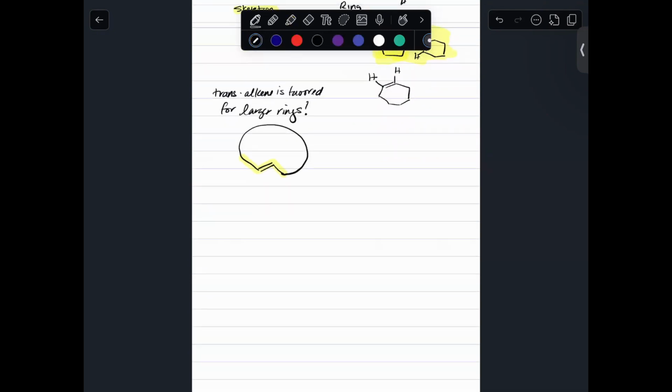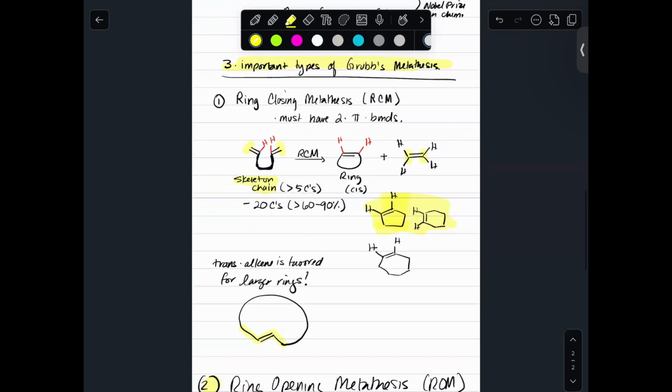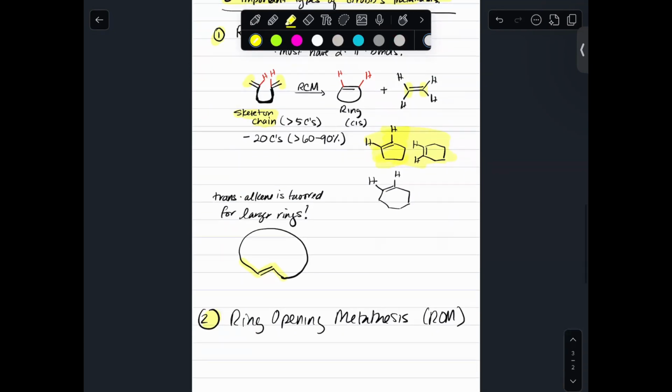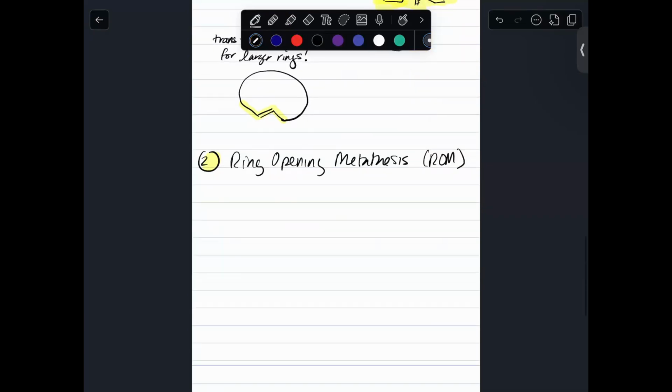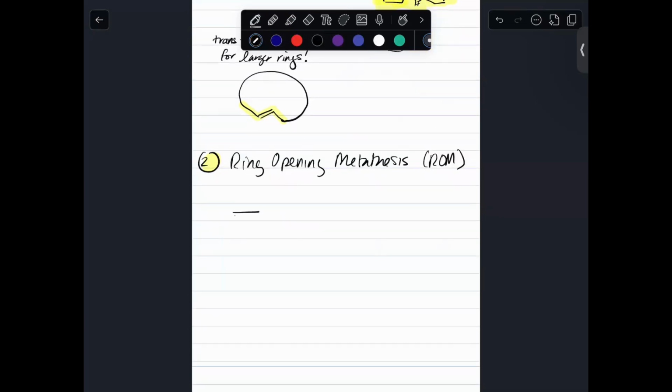Okay, reaction number two is ring opening metathesis, ROM, which is just the opposite of ring closing metathesis. So your ring, in order to open it up, must have a double bond. Ring must have a double bond.